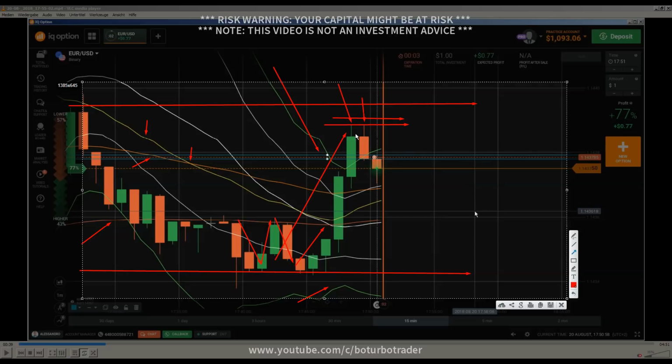top, and in confluence with this tweezers top, we also got a dark cloud cover, and that was the reason to enter into a put above the closing price of the previous candle, because I was expecting a trend continuation. Important here, again, you see the entry point above the closing price of the previous candle.